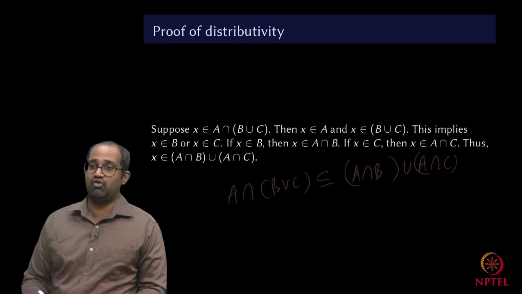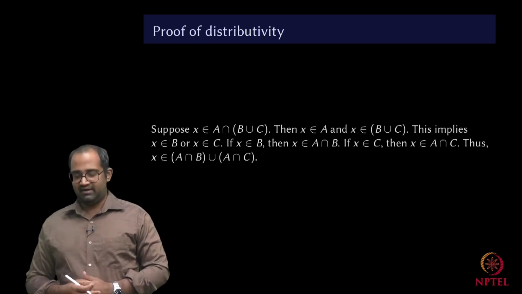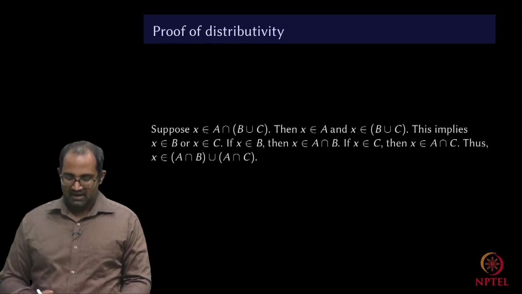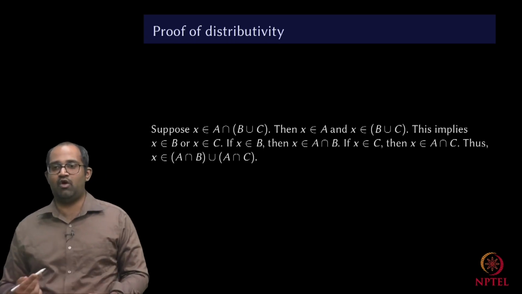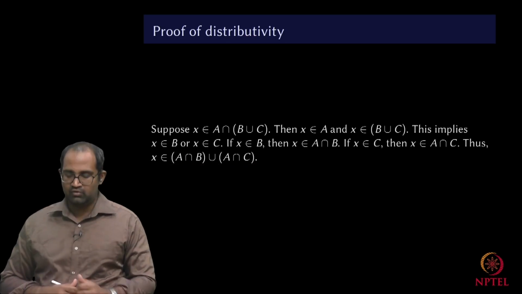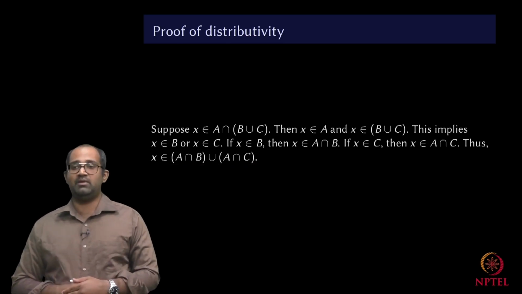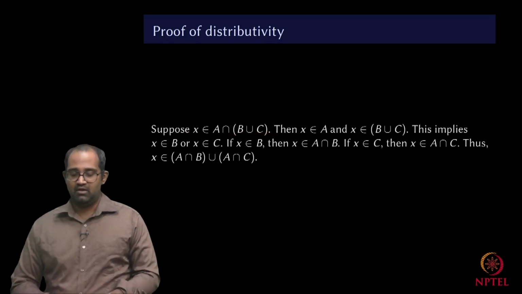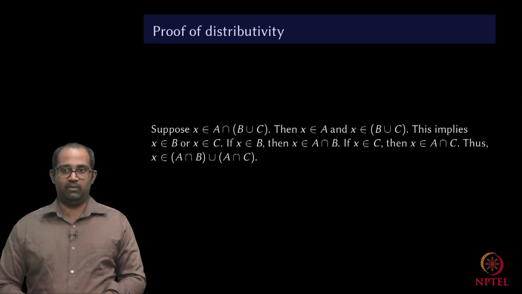We have not really shown equality, but if you think about it for a second, we can reverse the steps exactly the same way, traverse the opposite path. Start with an x in (A intersection B) union (A intersection C), and you will realize that you can show that x is in A intersection (B union C). Consequently, both sets are equal.